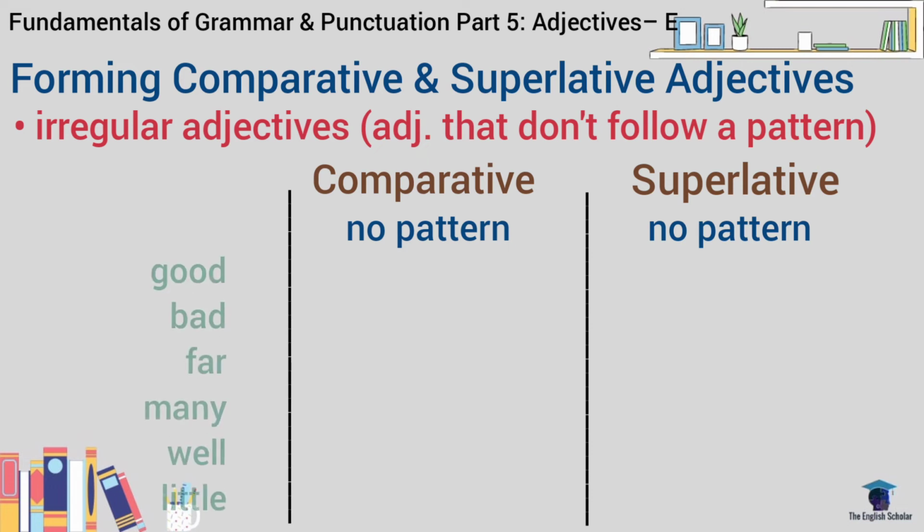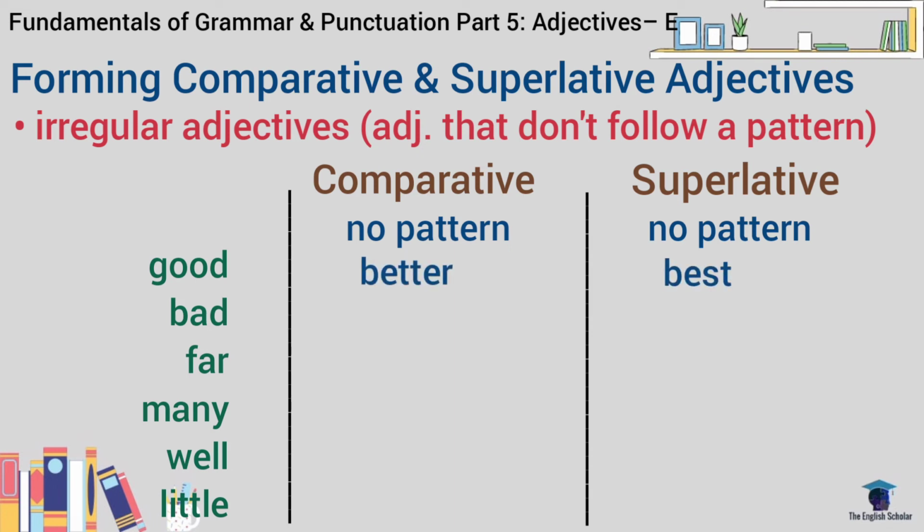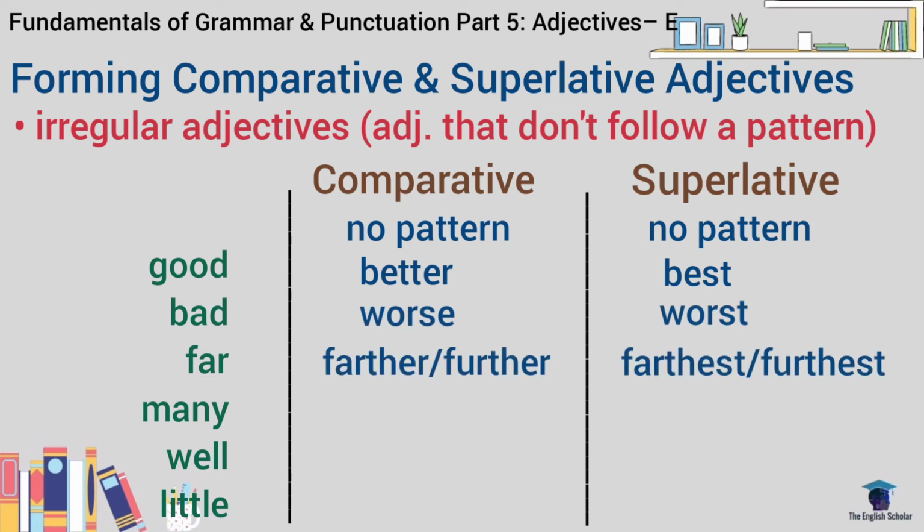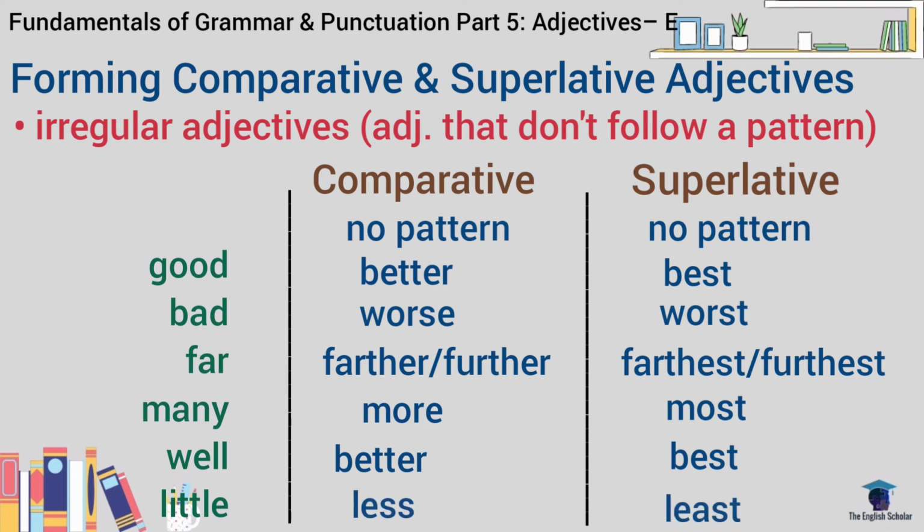And here is a list of common irregular adjectives: good, bad, far, many, well, little. Good, better, best. Bad, worse, worst. Farther or further, farthest or furthest. And then many, more, most. Well, better, best. And little, less, least.